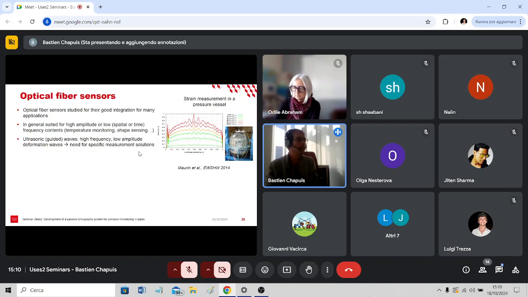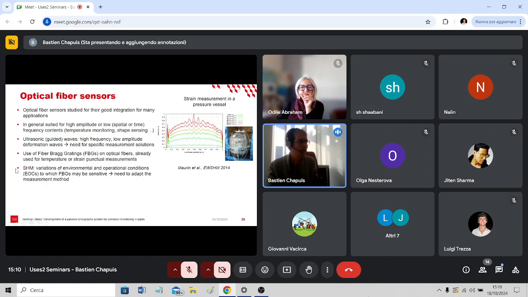That's why at CEA we have worked for a few years on the development of an optoelectronic system that is able to measure these ultrasonic guided waves using optical fiber sensors, and especially FBGs. I will just show you in the next slide how it works. They are widely used for temperature or strain measurements. It's less common to use them for guided wave measurement.